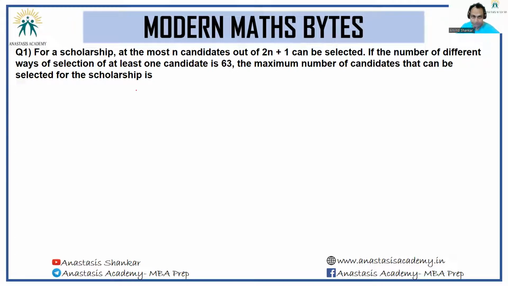Okay, look at this. We have 2n plus 1 C1 plus 2n plus 1 C2 plus 2n plus 1 C3, and so on and so forth up until 2n plus 1 Cn. This is what is told to us.